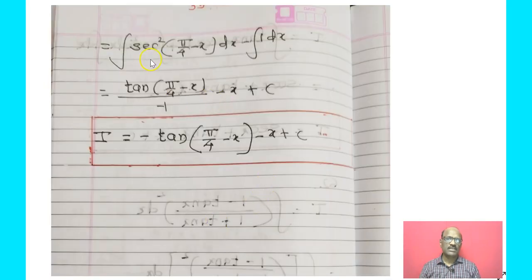The integral of sec square of pi by 4 minus x dx and minus 1 dx is tan of pi by 4 minus x upon minus 1, because the coefficient of x is minus 1. And the integral of 1 dx is x, so minus x plus c. Hence I is equal to minus tan of pi by 4 minus x, bracket complete, minus x plus c.